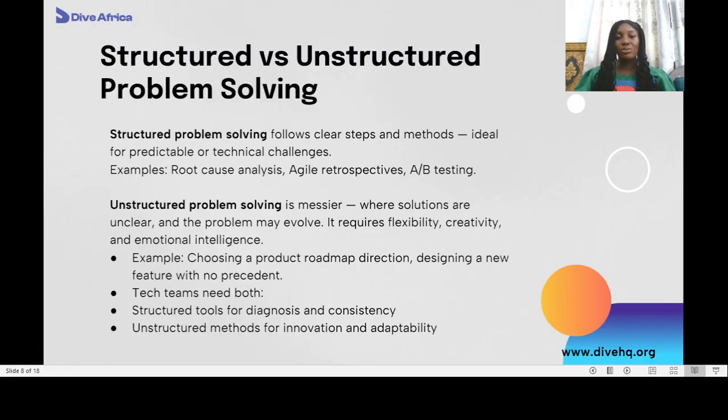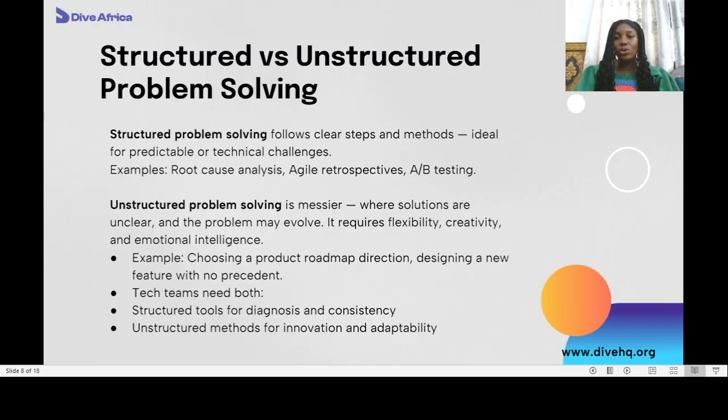So there are some problems that will come structured and some will come unstructured. So it is your duty as an effective problem solver to know how to go about it so that you'll be able to achieve the project you are actually working on. You should know how to go about it.